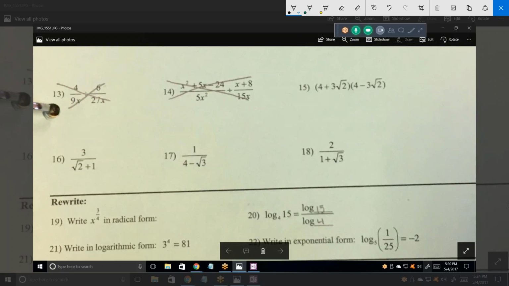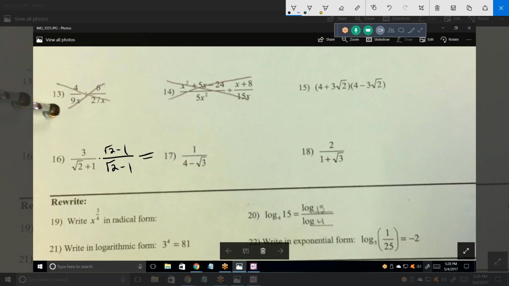You got to multiply the bottom by the conjugate. Square root of 2 minus 1. Always. And if I'm multiplying the bottom by that, I got to multiply the top by that, because remember I can only multiply that fraction by the number 1. Now, expand that.